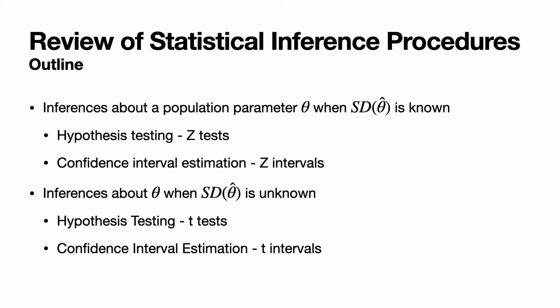We'll then look at inference procedures about theta when the standard deviation of theta hat is unknown. In particular, we'll look at hypothesis tests using z-tests and also how to construct confidence interval estimates of theta using t-intervals.